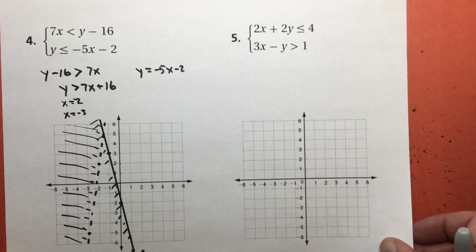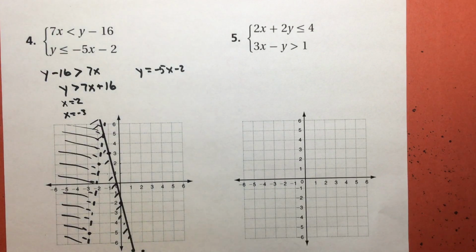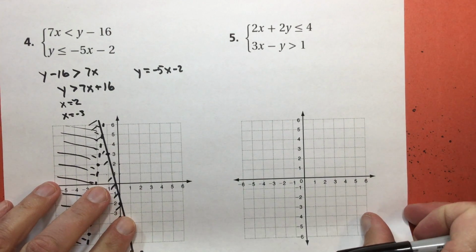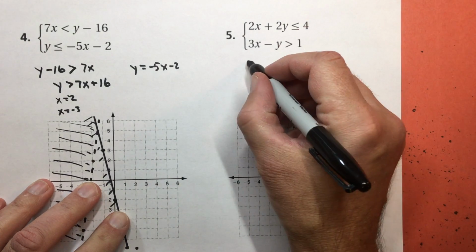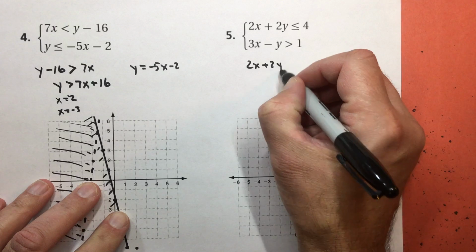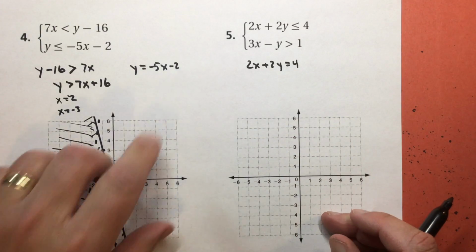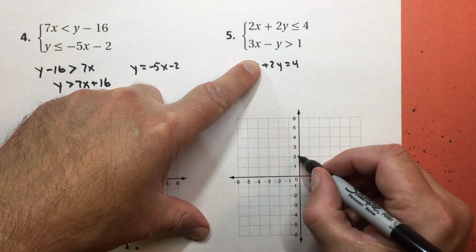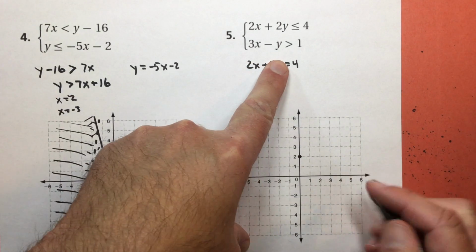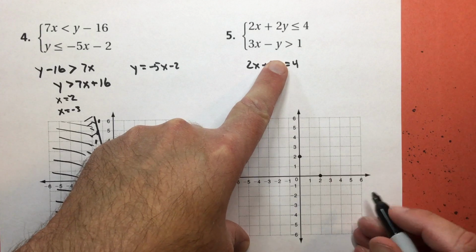Let's do this last one and then we'll move on to the next video. So my boundary line is, these are in standard form, 2x plus 2y equals 4. If I let x equal 0, I get y equals 2, which is right here. If I let y equal 0, I get x equals 2, which is right here.